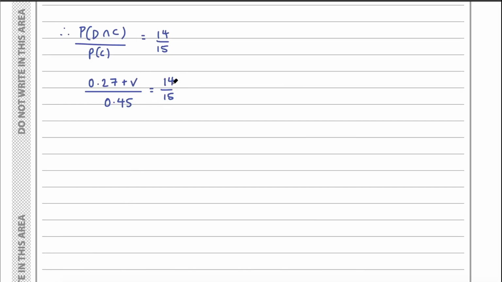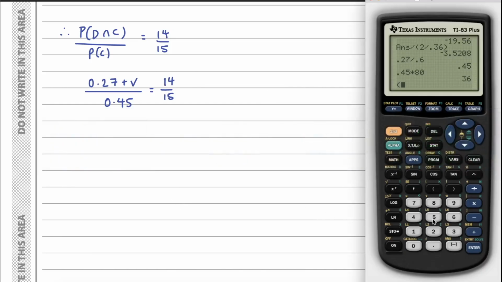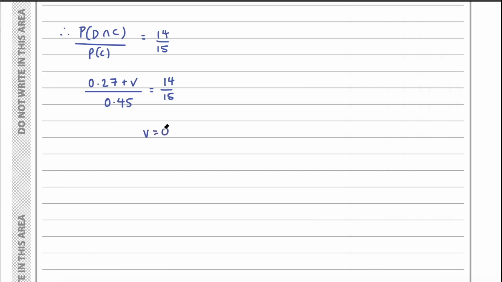If we multiply by 0.45, take 0.27, we could just go ahead and do that on a calculator. So let's do 14 over 15 multiplied by 0.45 and then subtract 0.27, and we get an answer of 0.15. So V here is going to equal 0.15.